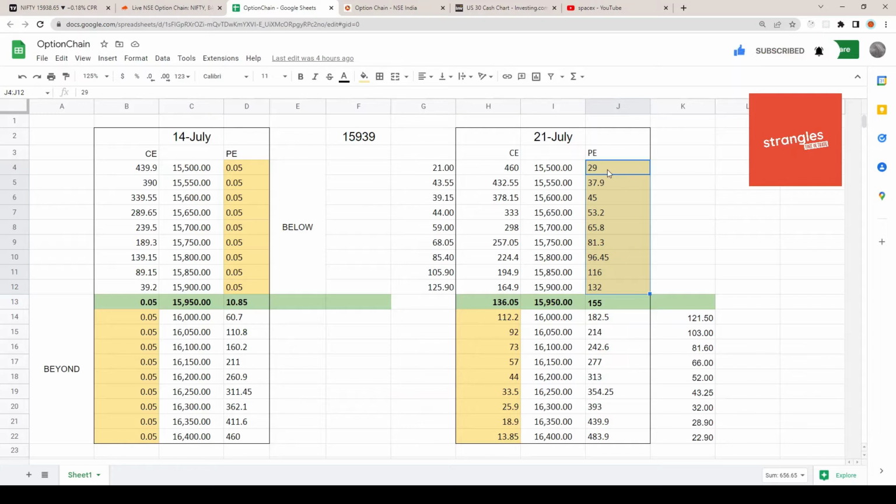And that's exactly what option sellers will do, right? They will have short strangles, short straddles. All these option strategies are basically opened to get all these values to zero, right? That's the only intent option sellers have.